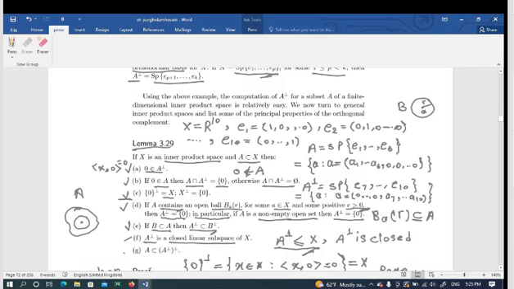F: A orthogonal is a closed linear subspace of X. So A may not be a subspace, just a subset of X, but A orthogonal is a linear subspace and is closed. And G: A is a subset of A orthogonal orthogonal.